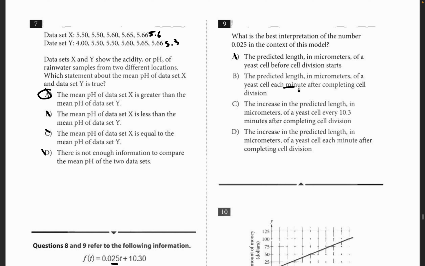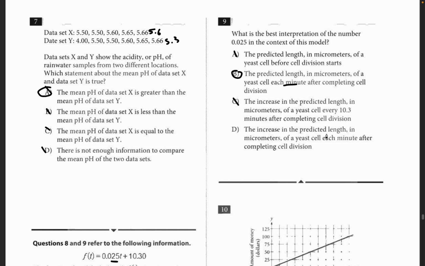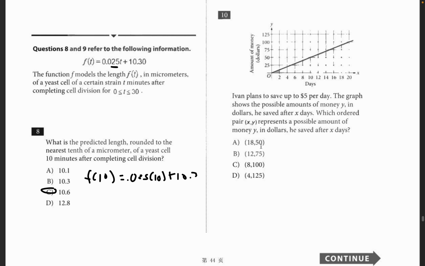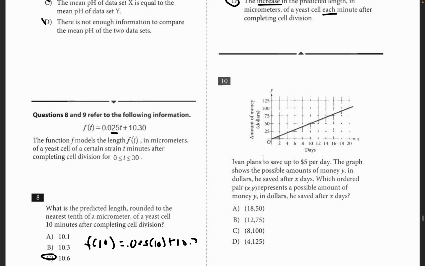I think it's B, but no, it's not 10. Increase in micrometers of yeast cell each minute after. Wait, oh my god, I picked it wrong. This is the predicted length. It's the increase in the length, because each minute goes up by that much. It's D, sorry. That's why it's good to check all those choices.